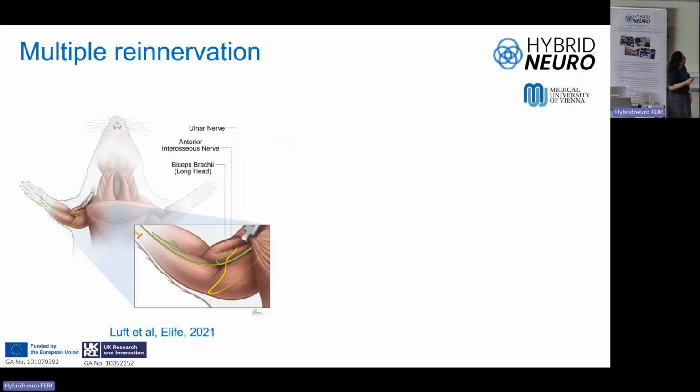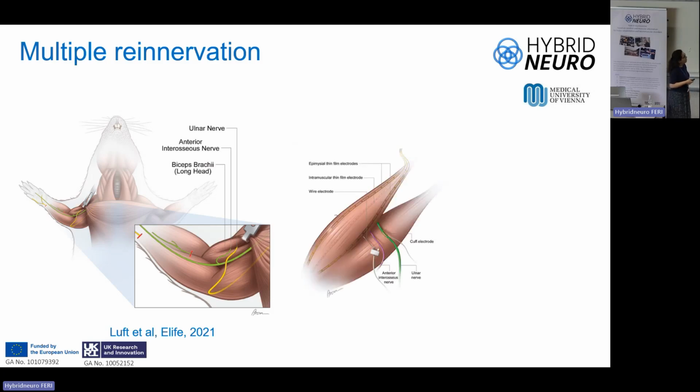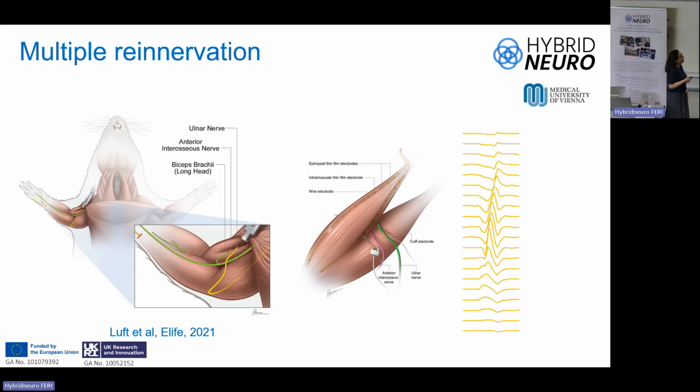This is the first preliminary report by Matthias Luft, who used two nerves of the upper limb to reinnervate the biceps, and we did our electrophysiological recording. This is a study in progress, but we are actually able to detect the activity coming from the two nerves. So hopefully you will hear about the result of this study soon.